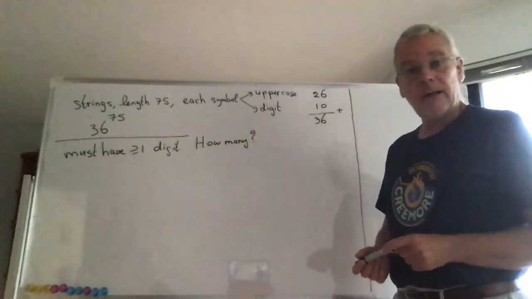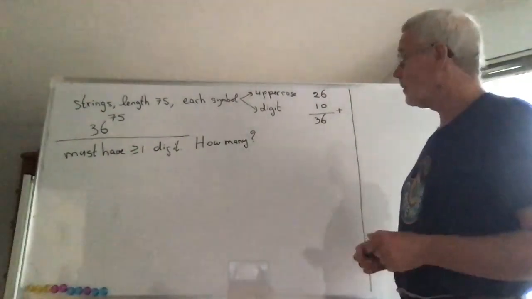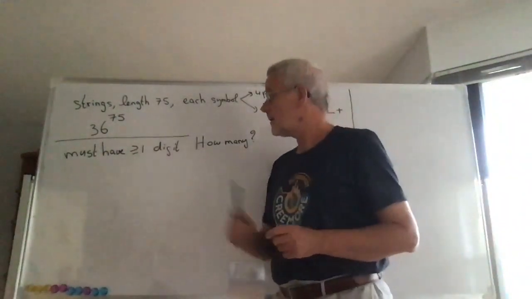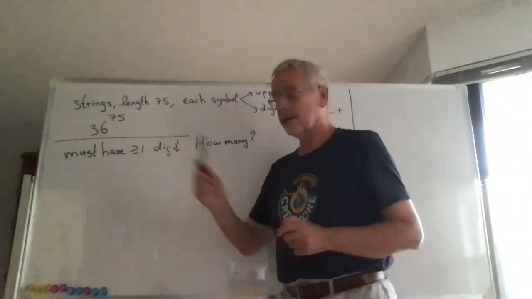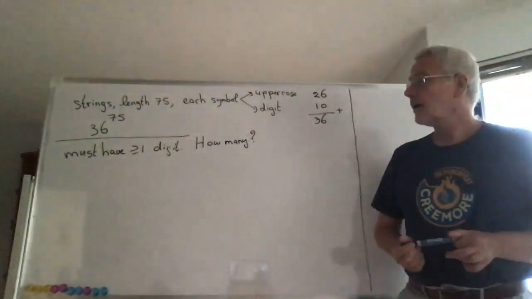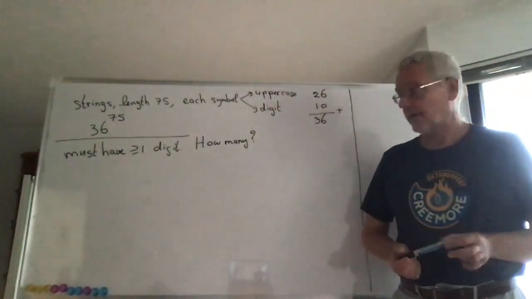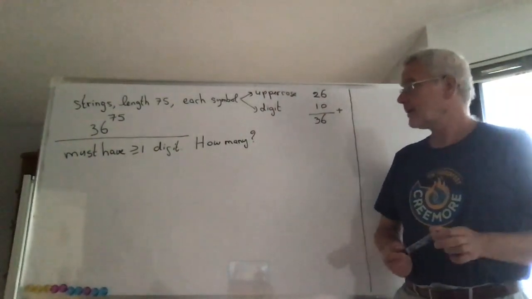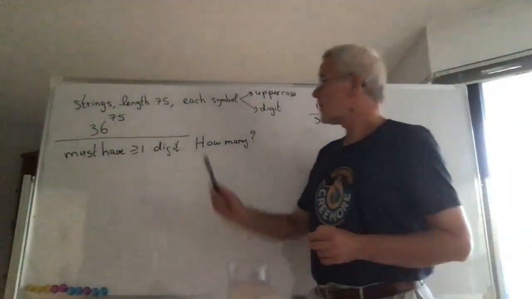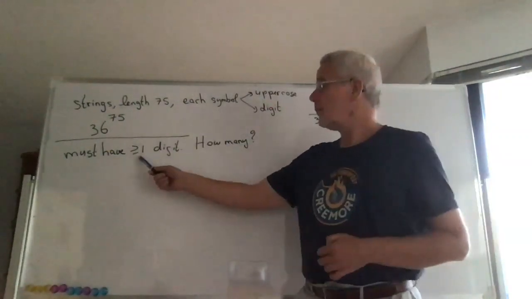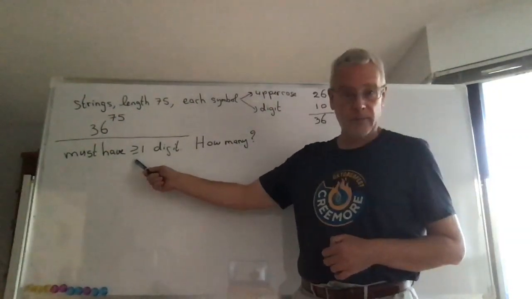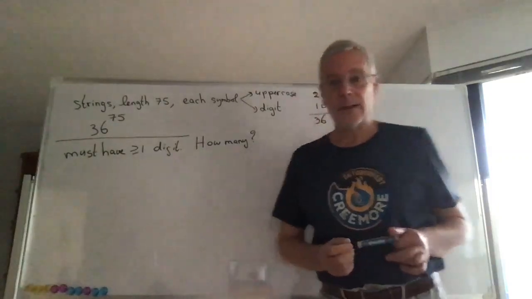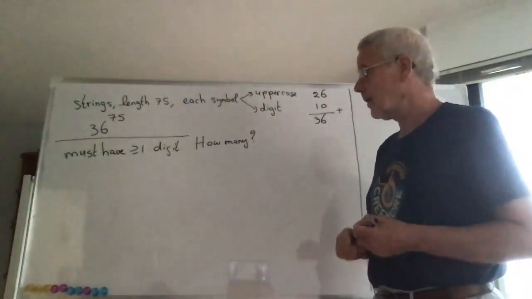So you should think a little bit about it. Is there an easier way to count strings that have at least one digit? Okay, so the trick is to look at strings of this type that do not have this property. The property says there must be at least one digit.